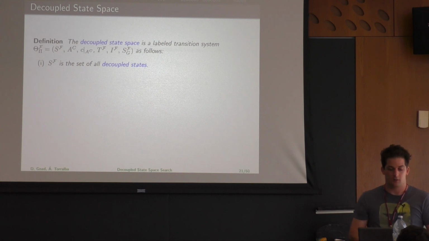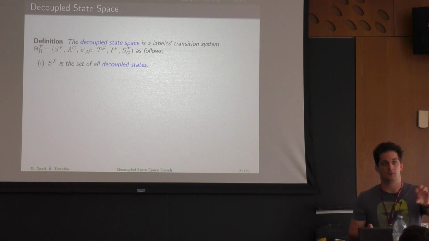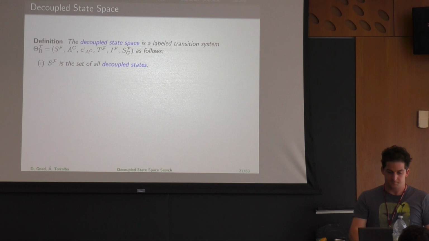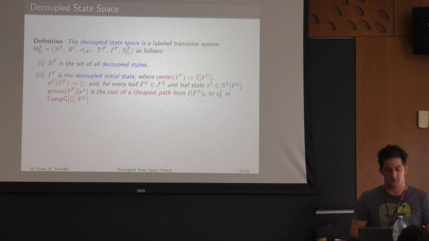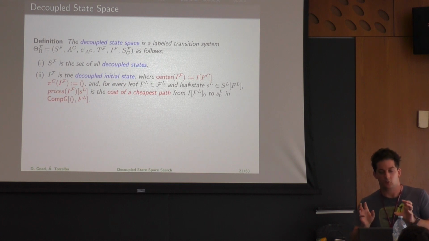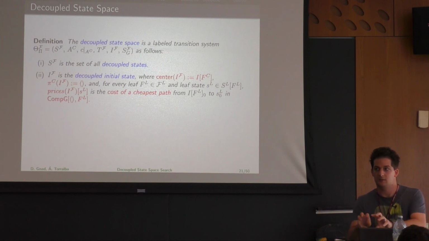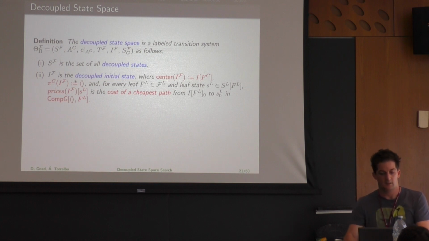So basically as before, we have SF, which is the set of all decoupled states, so all different center states together with all different pricing functions. We have the initial decoupled state, which is the initial center state. So we project on only the center variables, and then our initial decoupled state is just the initial state projected on the center variables. Obviously, our center path is empty.